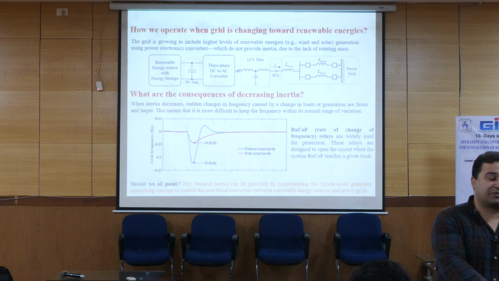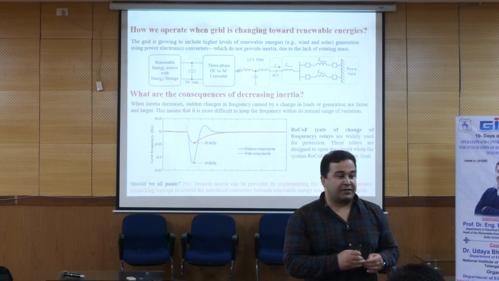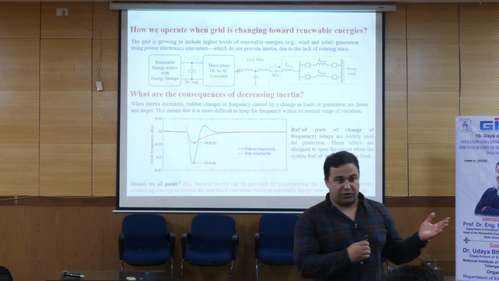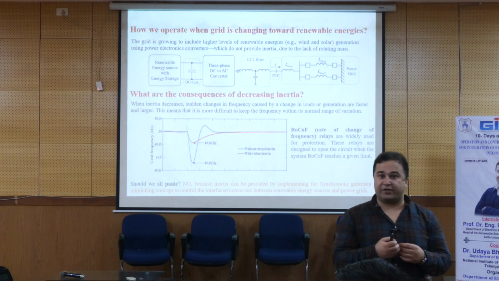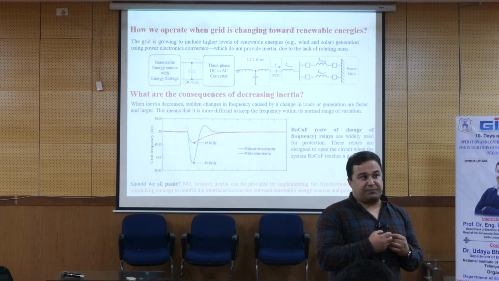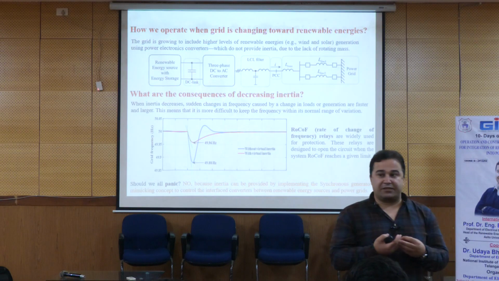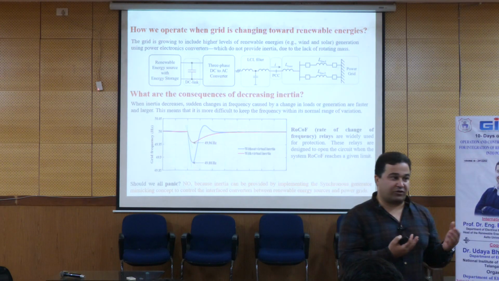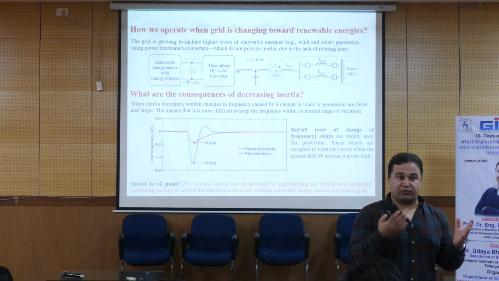But my question is something else. In India we are going to reach carbon neutrality by 2070, if I'm not wrong. I heard from someone. Then it means that we must increase the share of renewable energy sources, and these sources are connected to the power grid by power electronic converters, which don't provide any inertia for the grid.